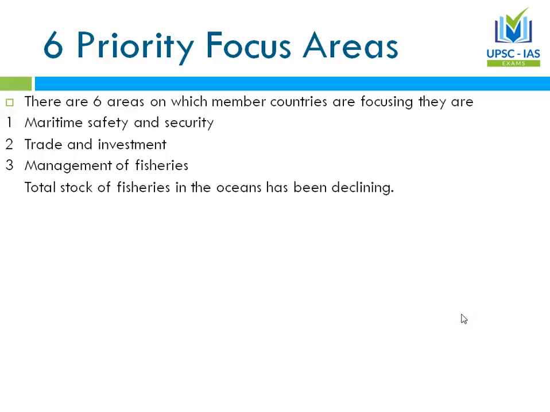And the thing to worry about is that the total stock of fisheries in the oceans has been declining. This is a major issue which was discussed in this meeting. The other thing is that the decline in fisheries stock in the ocean is mainly due to too much exploitation done by human beings.